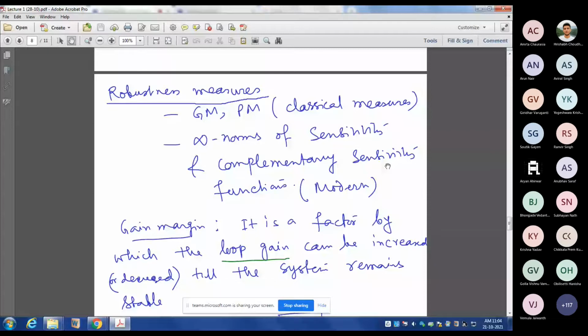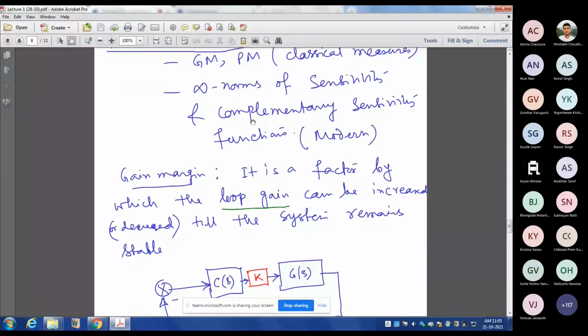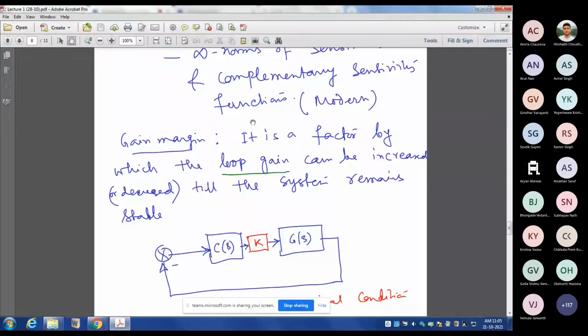Gain margin and phase margin, as I said, Professor Paswaropatra has already discussed hopefully, but I will discuss it a little bit in a deeper way. As in the last class, I was discussing gain margin. This is very important.